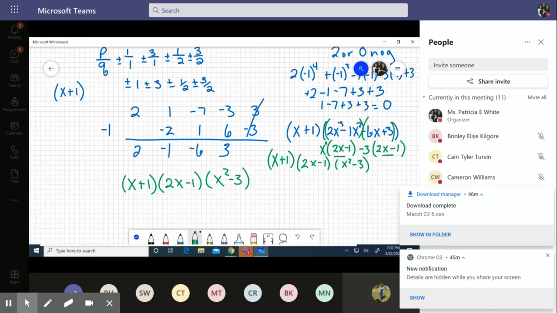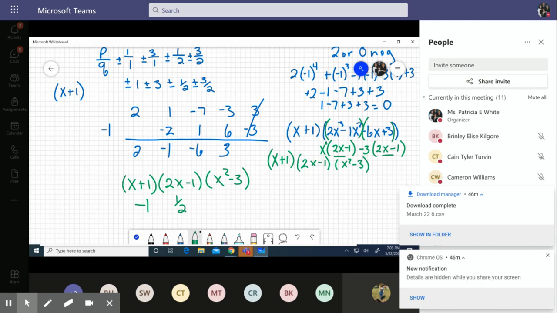Now, I have a negative 1 here. I have a positive 1/2 here. What about this? What would I get if I factored that? If I set that equal to 0, how would you solve that?